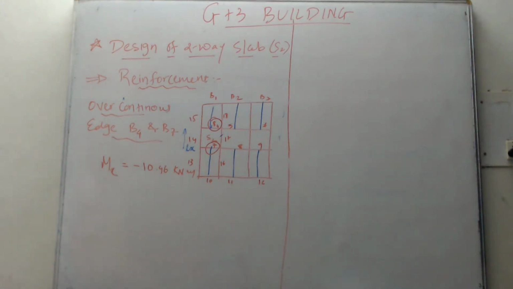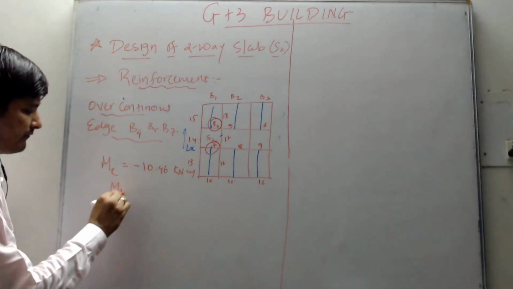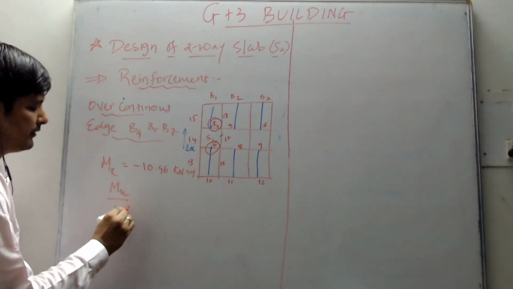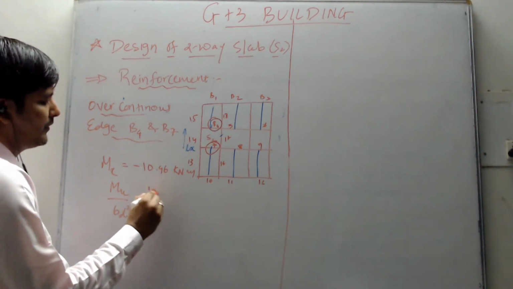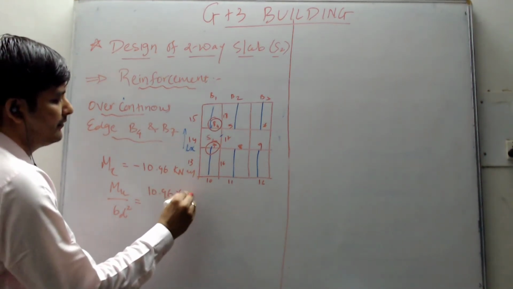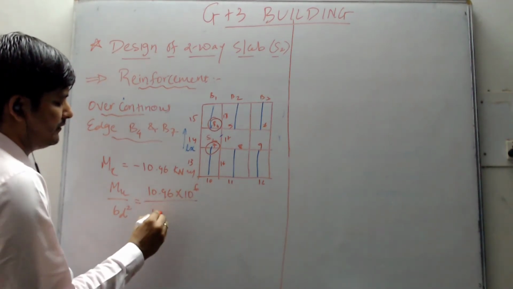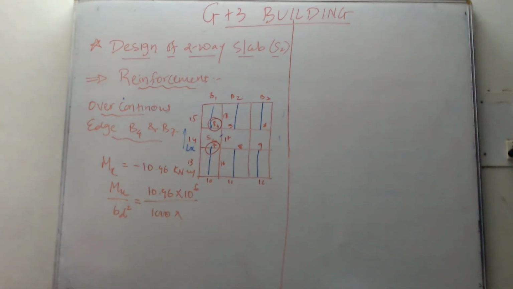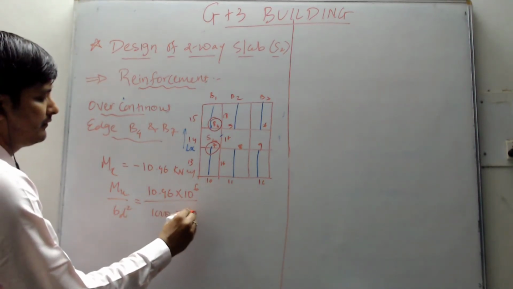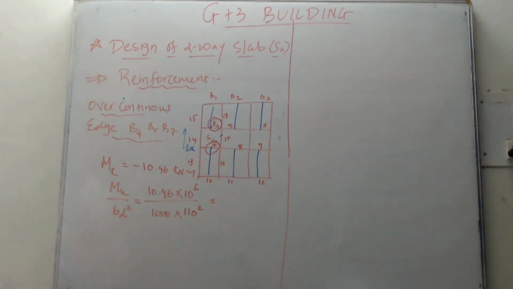So now the steps are the same. Find out Mu divided by bd square ratio. So 10.96 multiplied by 10 raised to 6 divided by 1000 multiplied by d, effective depth considered as 110 square. So I am getting this value as 0.9.